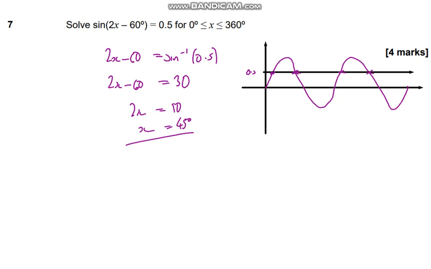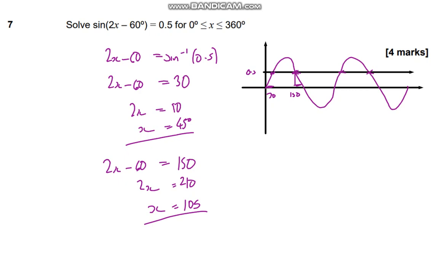So also from sin to the minus 1 of 0.5, we've got 2x minus 60 is equal to 150. It's 30 here, so that must be 150. And so that gives us 2x is equal to 210, and x is equal to 105.